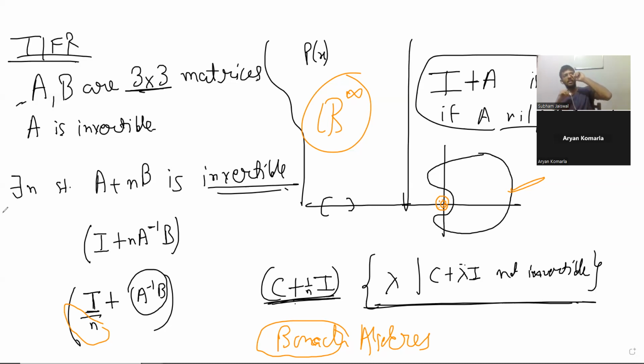Also you can see that even directly, if you have this kind of thing, then even if you make lambda very large, it will remain invertible. You can see that, make lambda very large, and it will remain so. Intuitively, it makes sense.